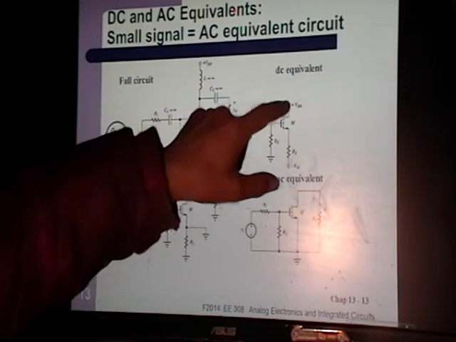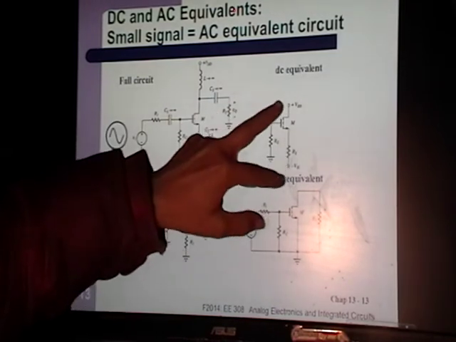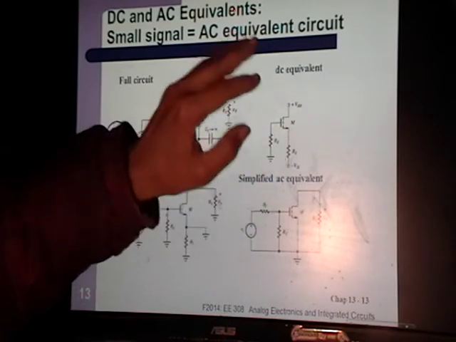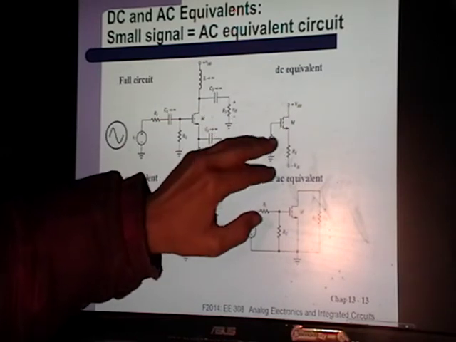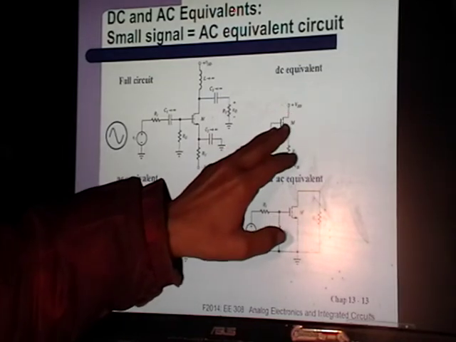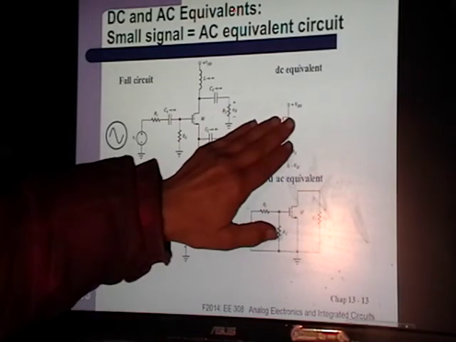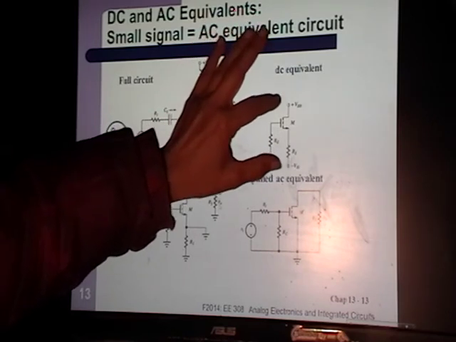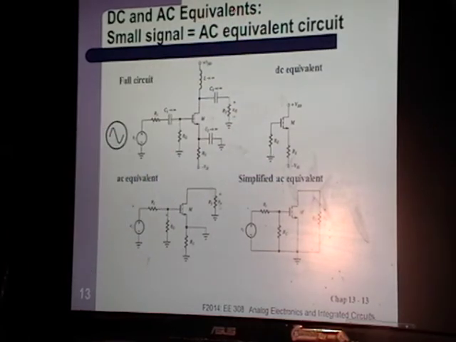Over here, this is large signal. We're saying we're operating in a linear region, which is weird to say because this says the input isn't moving.